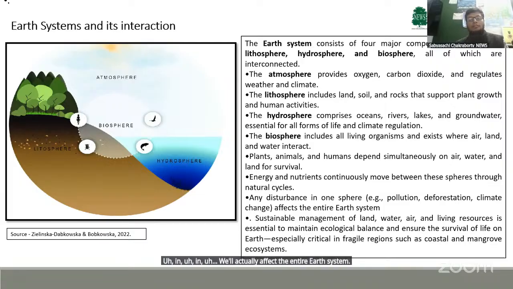So it is very important to sustainably manage all these natural resources, such as land, water, air, and living resources, and it is critical because life is based on them.